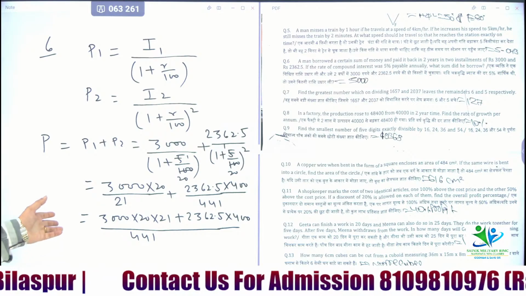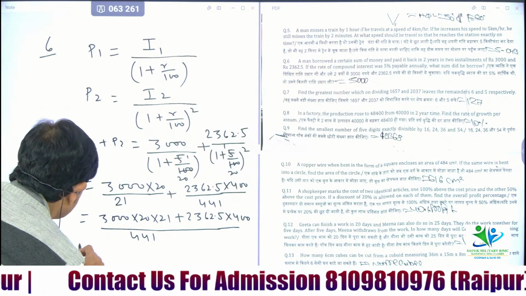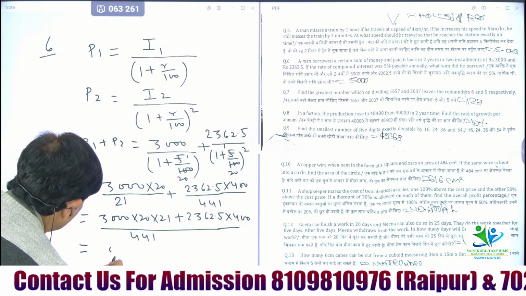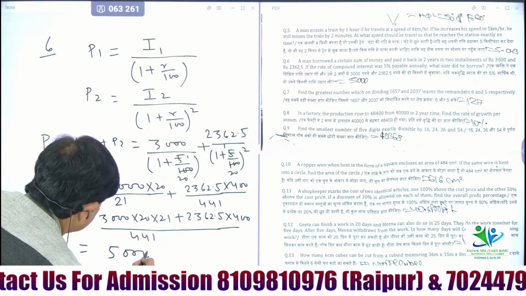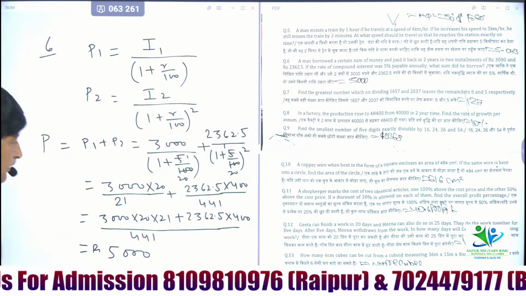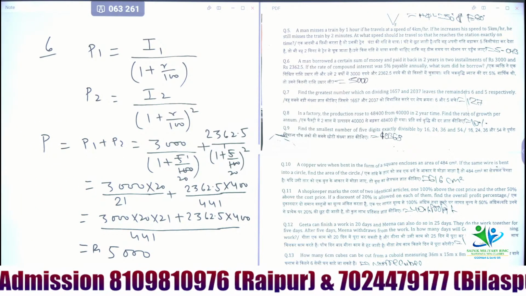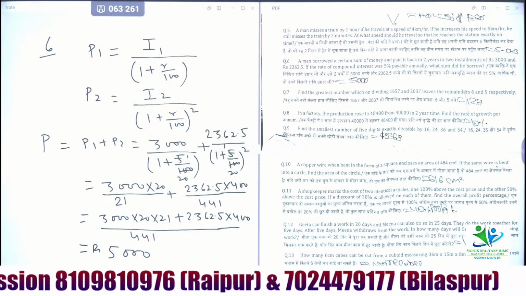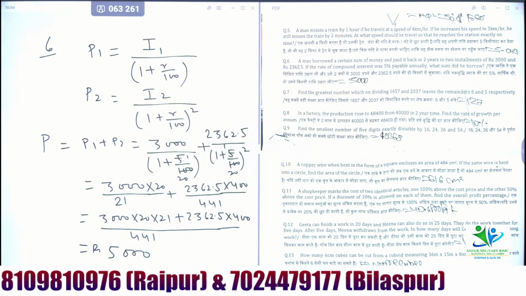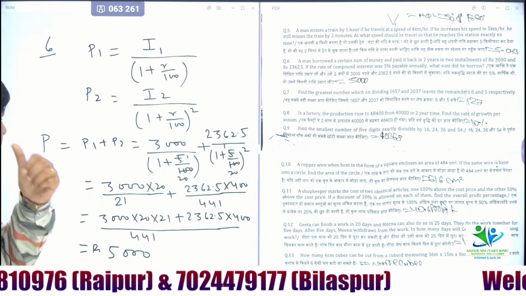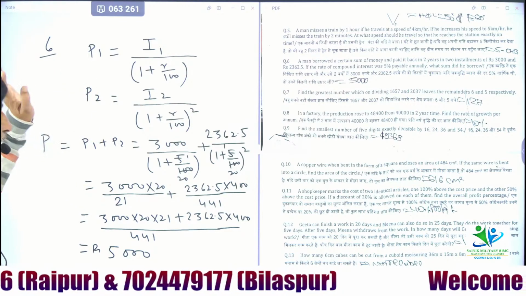Now, if we calculate this one, you get the final value is rupees 5000. If you calculate this calculation, then the final answer is 5000. So in an installment question, you have to do the question like this.